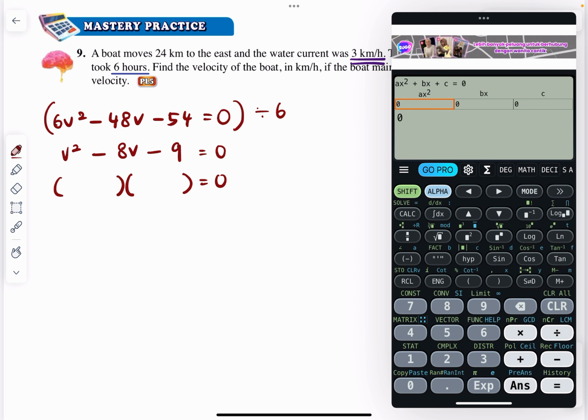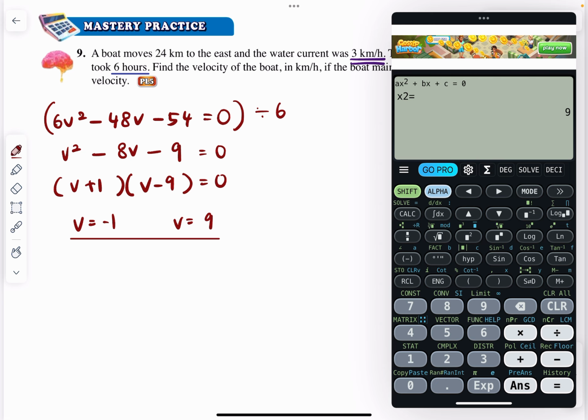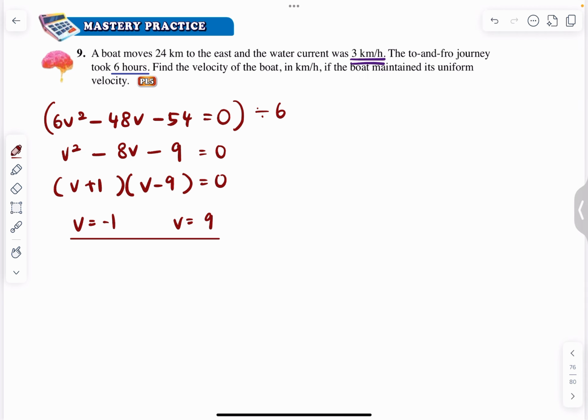We factorize. A is 1, B is negative 8, C is negative 9. So we get (v plus 1)(v minus 9). Here our velocity can either be negative 1 or 9. But since velocity we assume should be positive because we are not changing the direction, v is 9.